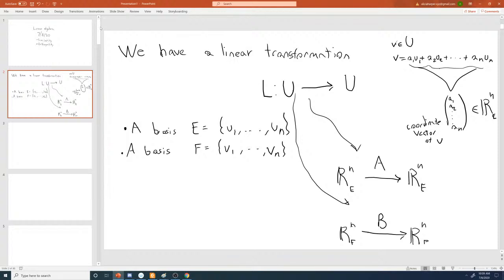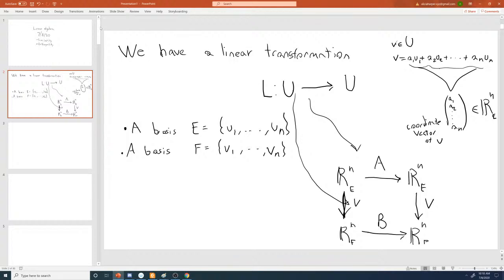In order to express that relationship, we have to understand the change of basis. The change of basis corresponds to how you go from a coordinate vector in the E basis to a coordinate vector in the F basis. So you have these change of basis maps, call them V, and this whole square commutes, which is a way of saying if you start here, go over on the right and then down, it's the same thing as first going down and then going over on the right.